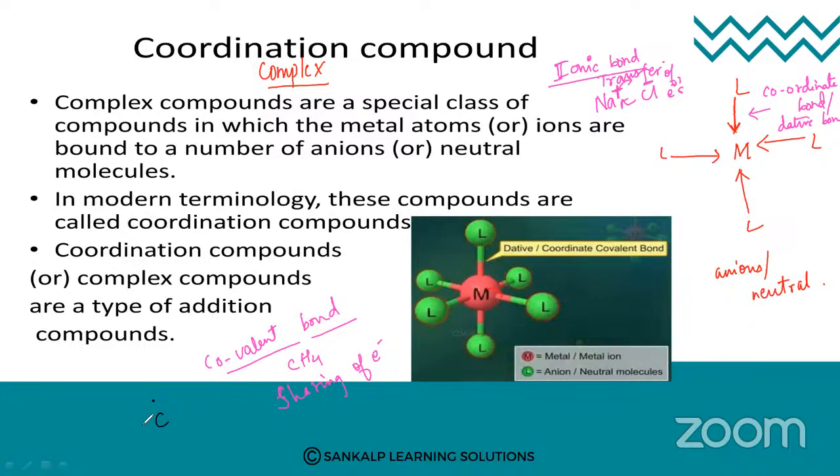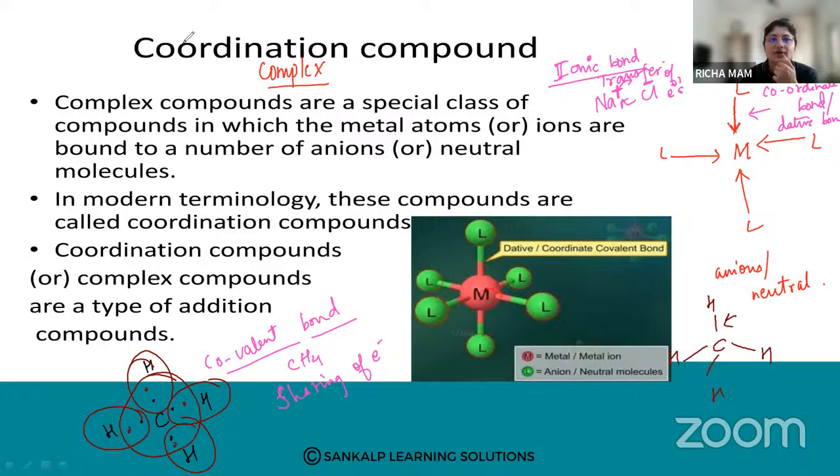Carbon has four electrons, and there are four hydrogens, each with one electron. Sharing of electrons is taking place, so a covalent bond is formed in the methane molecule. It has a tetrahedral structure like this. Whatever bonds are formed, these are called coordinate covalent bonds. Understood?